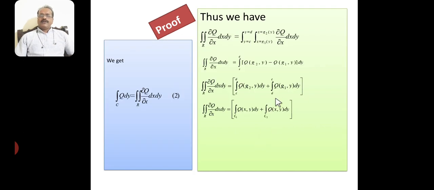It can be written as the double integral, the surface integral, of ∂Q/∂x dx dy, with the limits for the particular region. If you solve this, we get equation number 2 in the form of the line integral of Q dy equal to the double integral of ∂Q/∂x dx dy. So this is equation number 2.